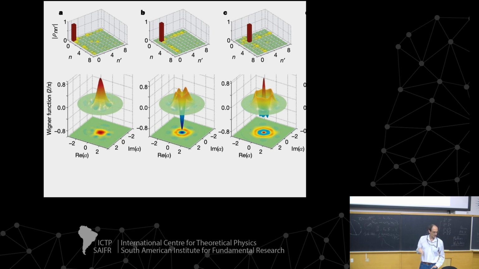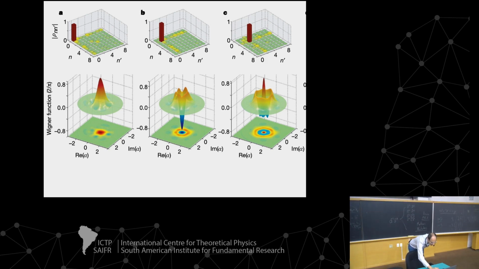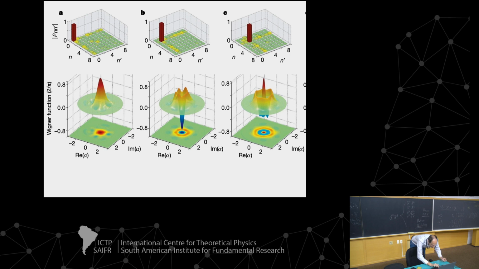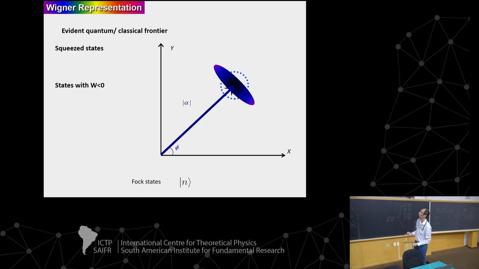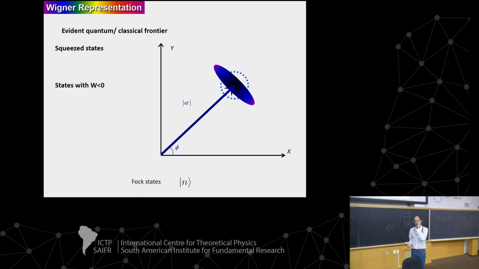There are other ways of doing that. Unfortunately, I think that I have hidden the transparency here. But other ways of getting the Wigner functions are by making the tomography of a state. You project this, taking an orientation of measuring one quadrature.